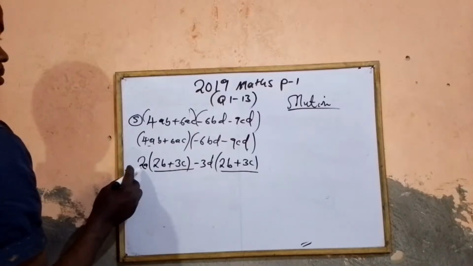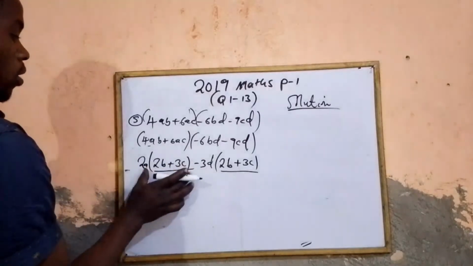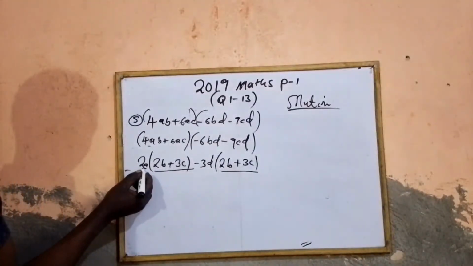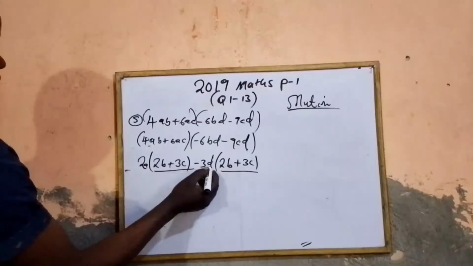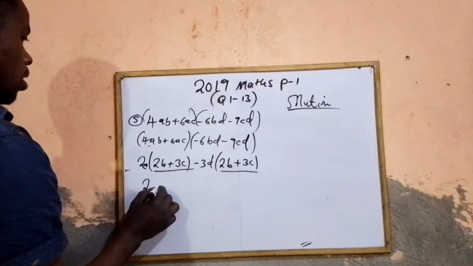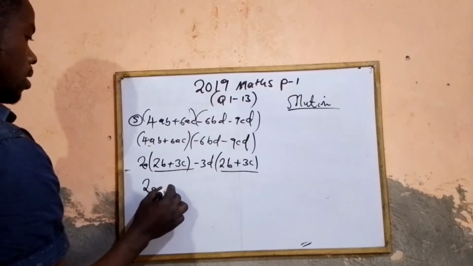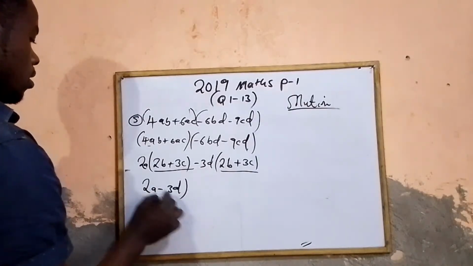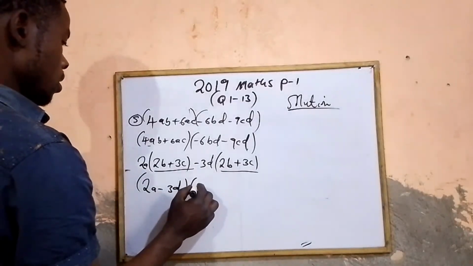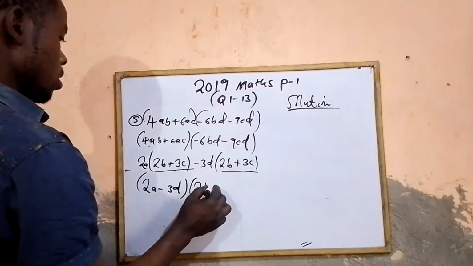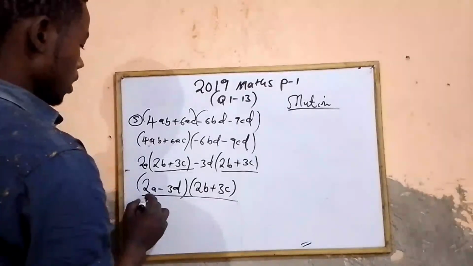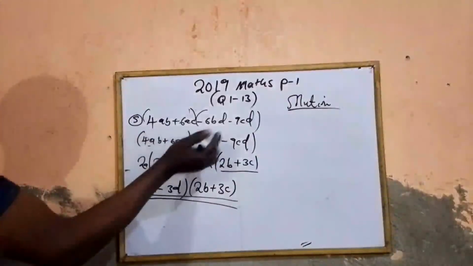Here we pick one of these equal terms together with this term, which is 2a minus 3d. So we are going to have 2a minus 3d in the bracket, then 2b plus 3c. So this is how we factorize this expression.